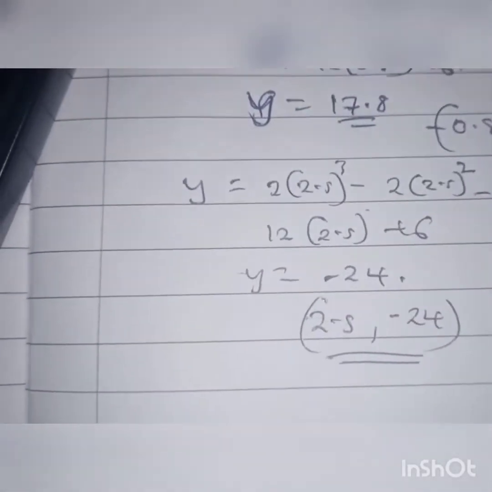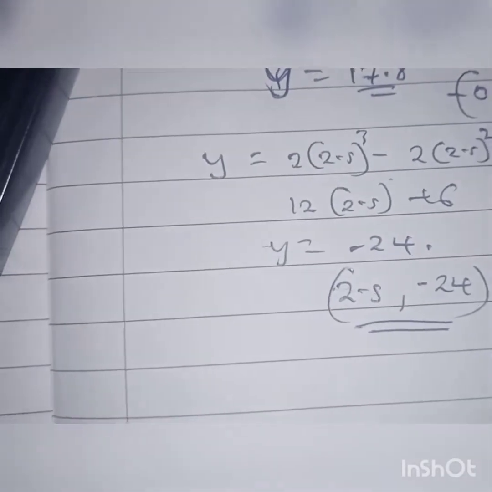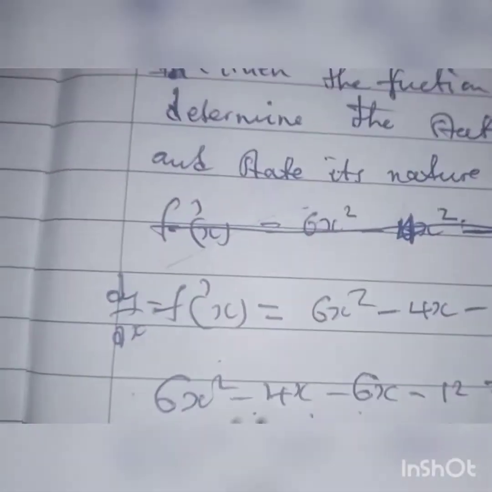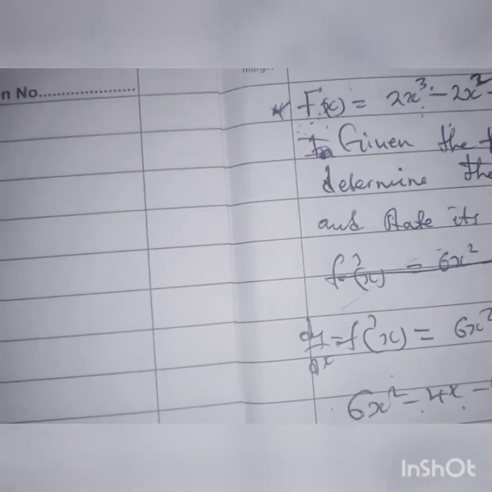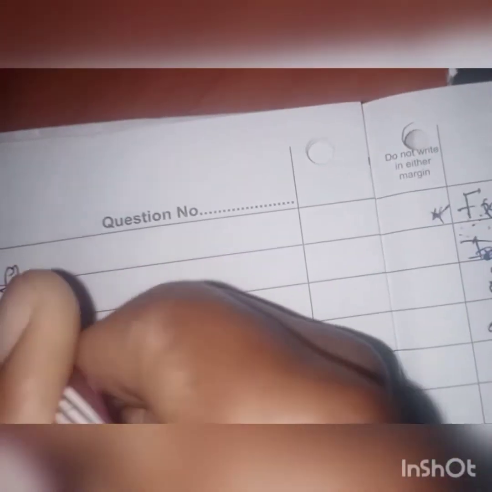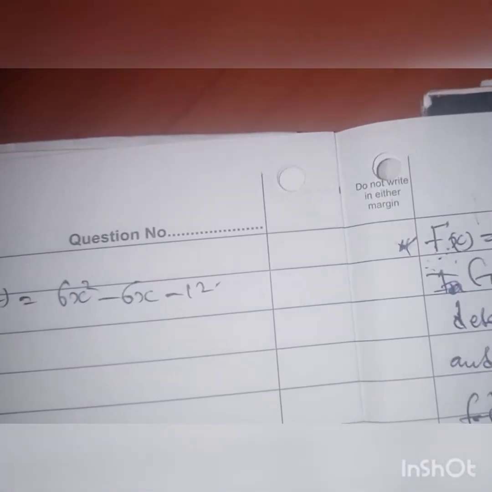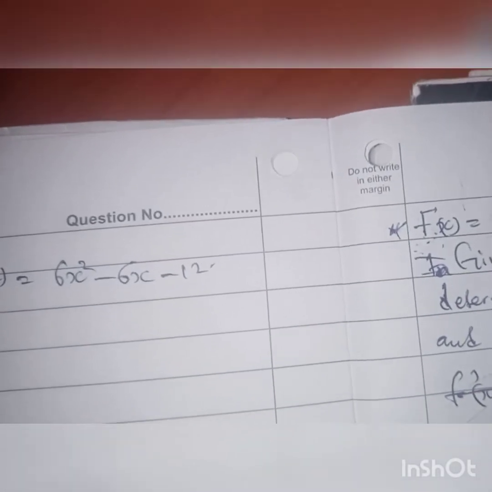We have 2 stationary points so far. Now we want to determine the nature. When you want to determine the nature, you have the first derivative, 6x squared minus 6x minus 12.